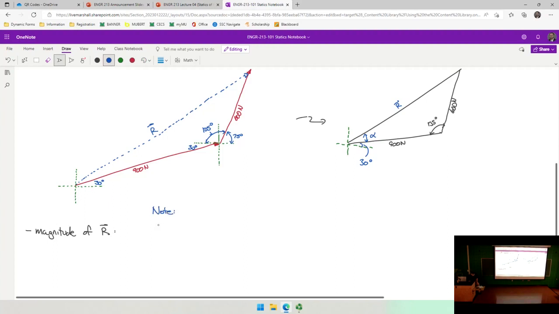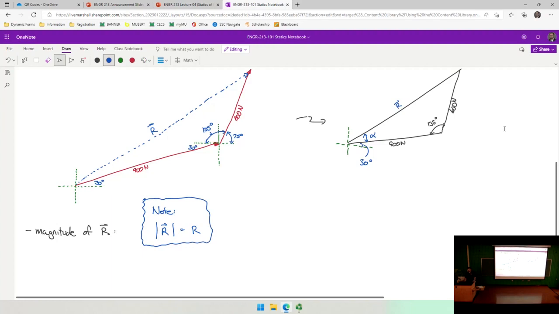So the magnitude of R can be represented like that. So in other words, imagine a vector with absolute value signs. But sometimes you will see that I write the magnitude of R just as R, because the magnitude of R is a scalar, right? So every now and then I might say, well, this is superfluous, I'm just going to write it like that. So if you see me use this notation, this is what I'm talking about.